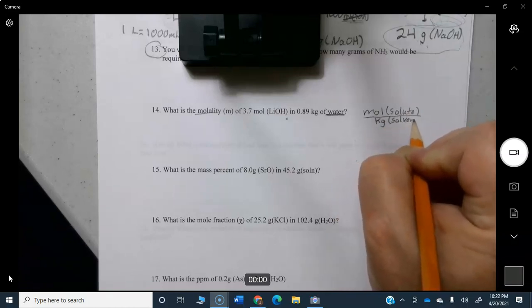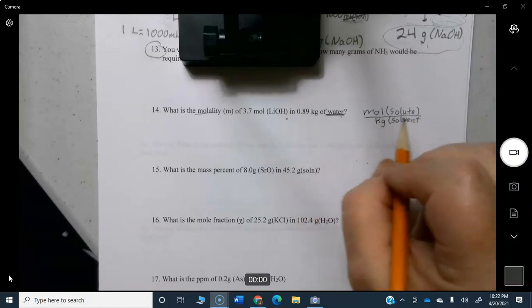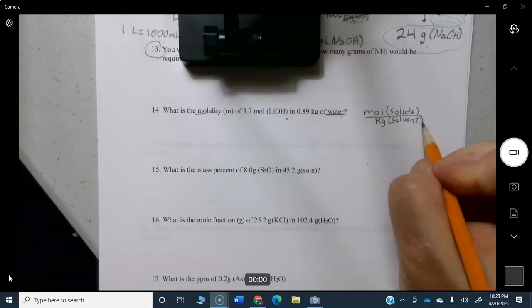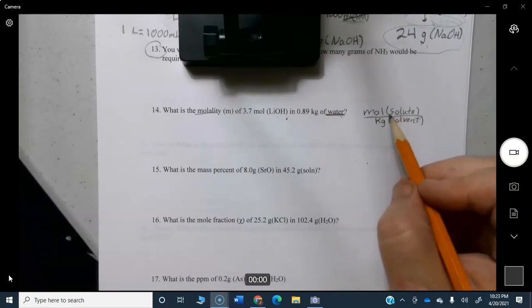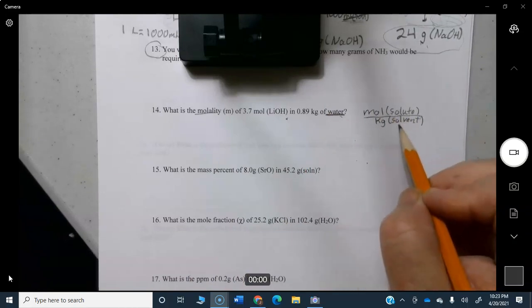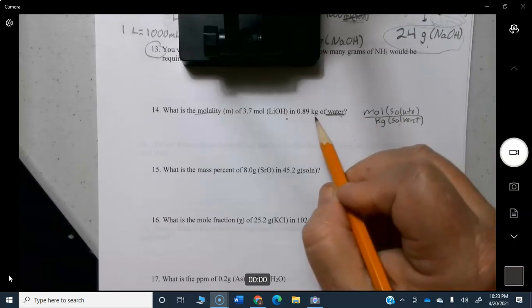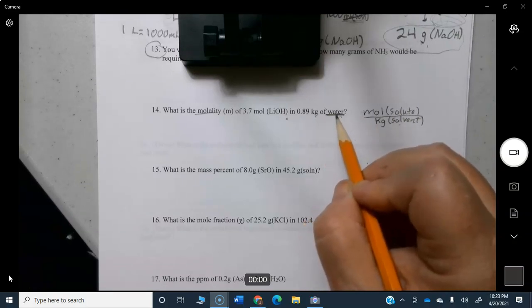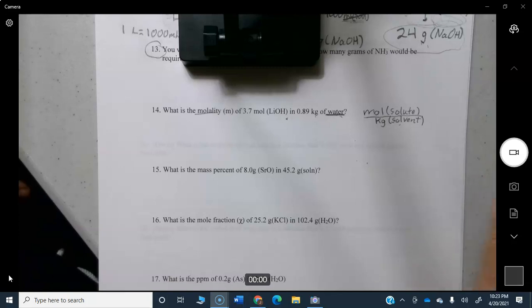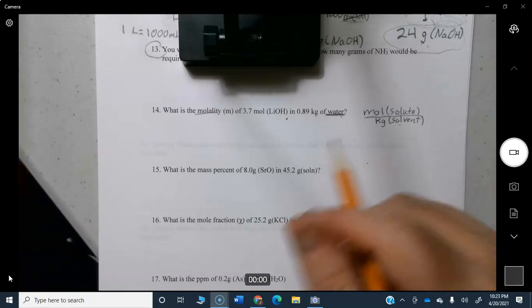Solvent is not the solution. Solvent is just the water itself. The water and the lithium hydroxide together are the solution, but the formula for molality is moles of solute over kilograms of solvent. And that's what we're given here, is kilograms of solvent. Water is the solvent. It's what's doing the dissolving, okay? So it's what is the molality?